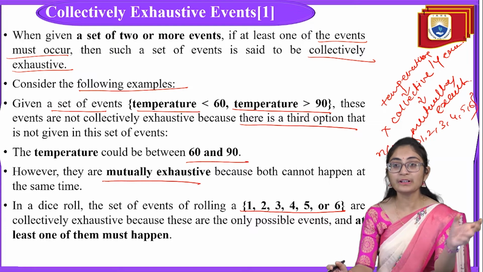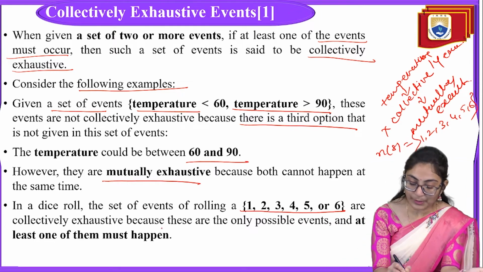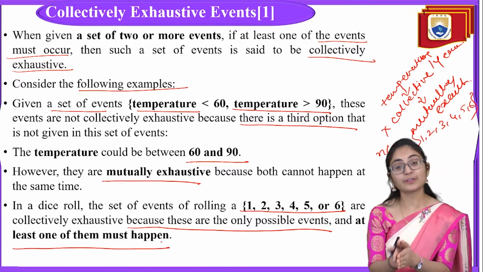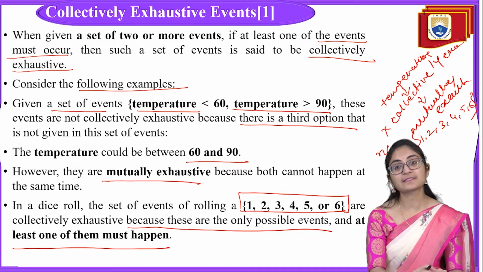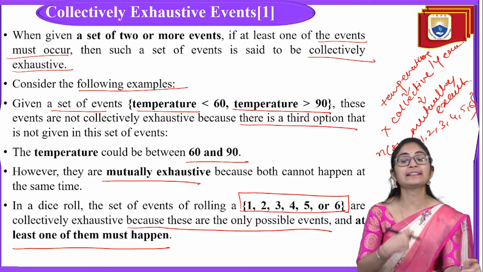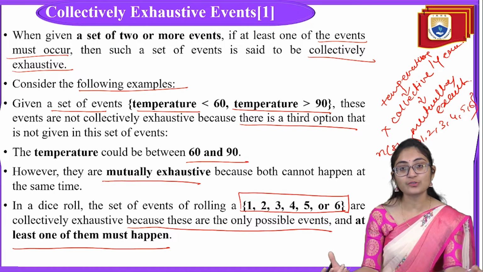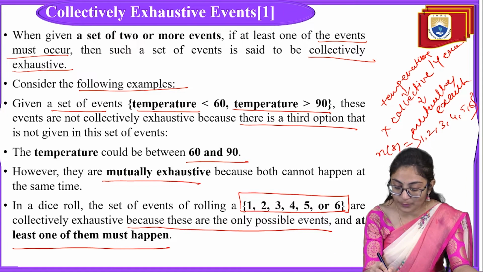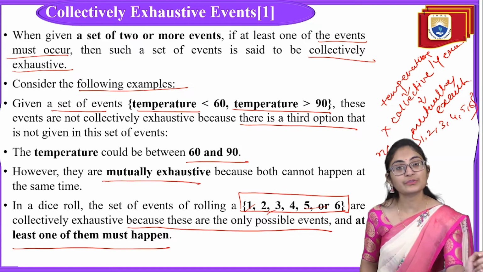These values are collectively exhaustive because these are the only possible events, and at least one of them must happen. We will not get any output other than these values. So this is your collectively exhaustive event.